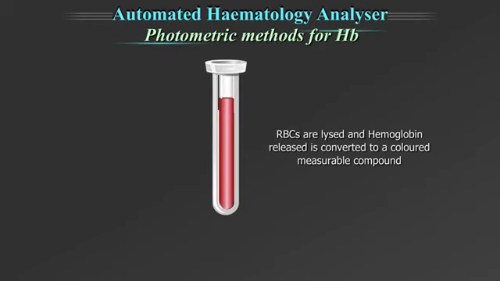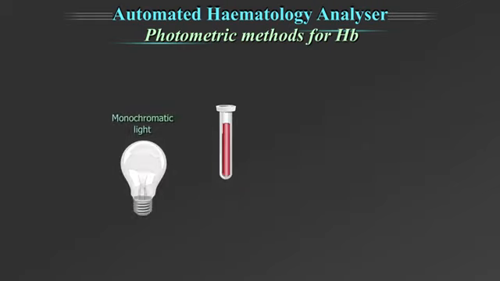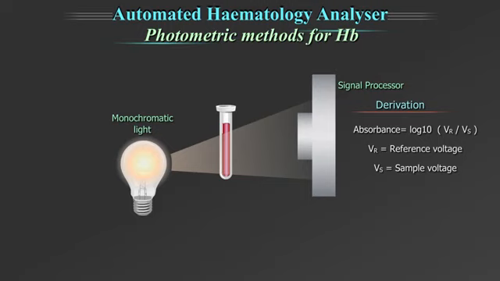RBCs are lysed and hemoglobin released is converted to a colored measurable compound. A monochromatic light from a light source is then passed through the solution. The absorbance of the solution is measured by a photosensor in the hemoglobin flow cell, calculating the hemoglobin concentration.